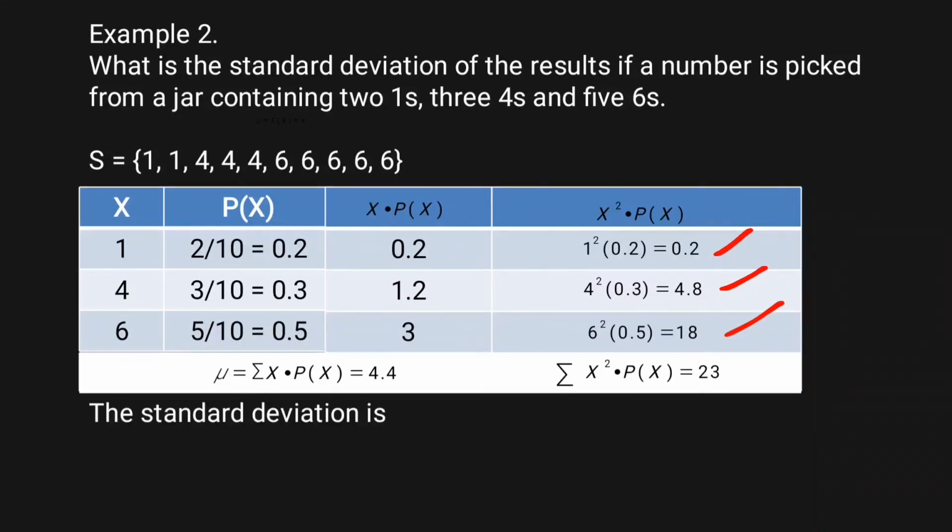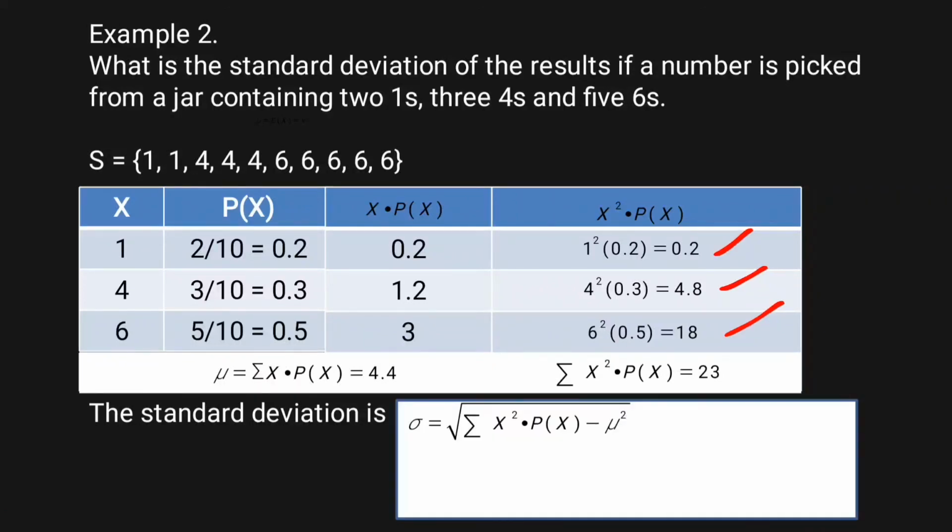Next, substitute to the formula. The standard deviation is the square root of the summation of x squared times p of x minus mu squared. Our summation of x squared times p of x is 23, while our mean is 4.4.